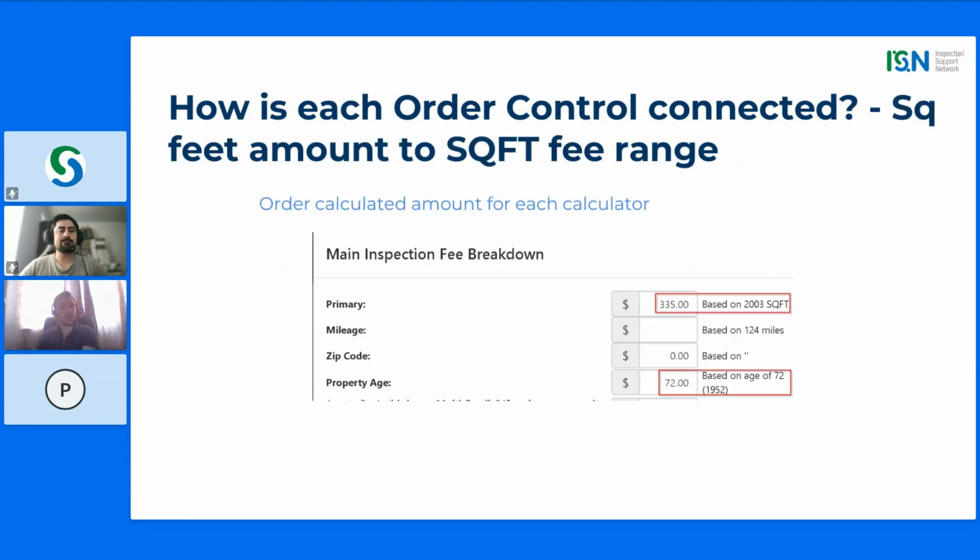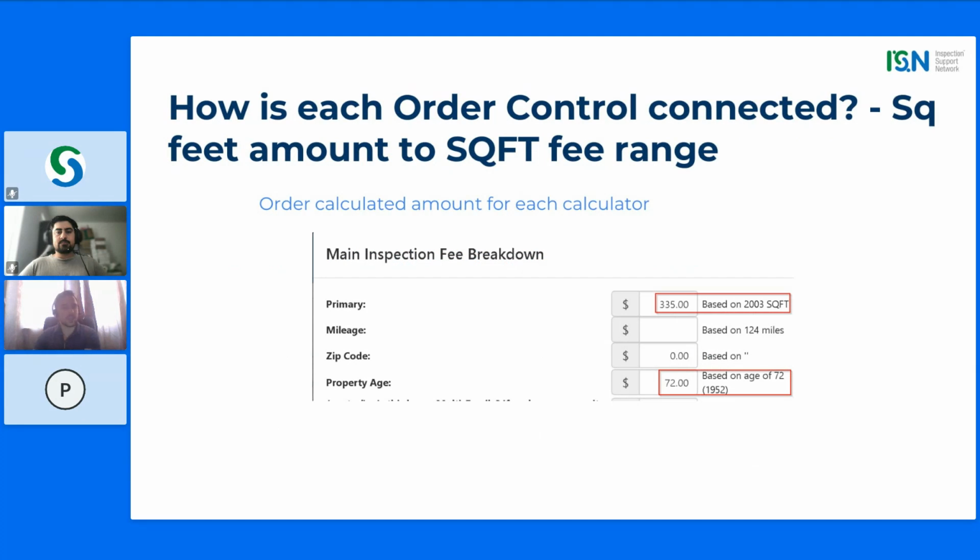Now, another way that your order form control is connected to your order itself is with your fees. So we have calculators that'll be beneficial to automatically sum an amount that will be seen in the client's invoice. So since we've entered a square feet amount of 2003, the system calculated an amount of $335 based on that square footage.